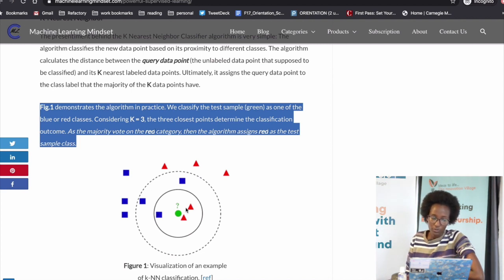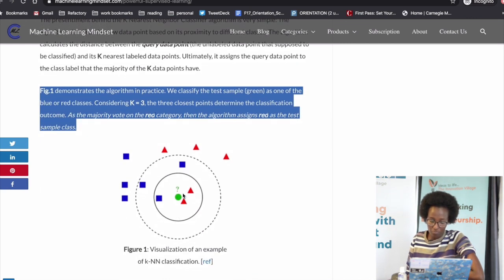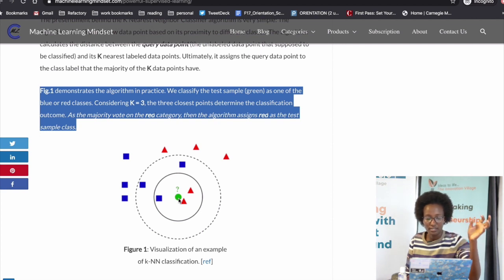So we're just trying to say that if you have a new data point and you don't know how to classify it, in this example, is it a blue square or is it a red triangle? It is right here, this is where it exists, that is its location. So we are going to use k nearest neighbor to classify it, and we're going to say, okay, if k is equal to 3, what are the closest classes to it?